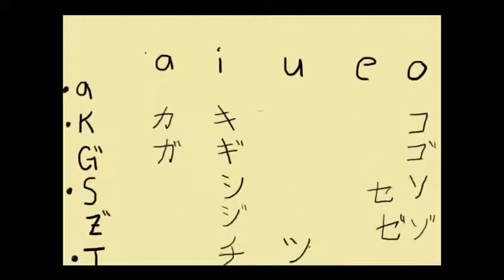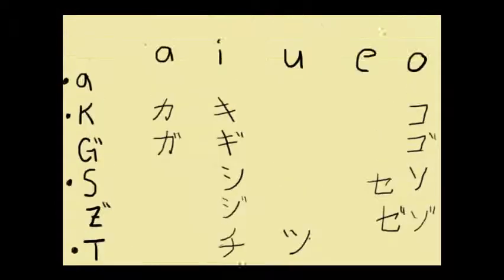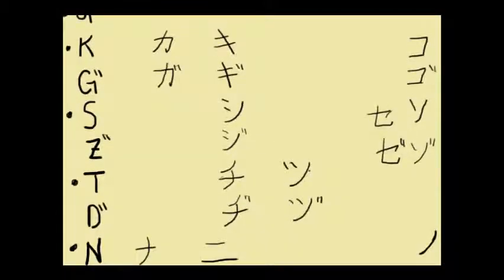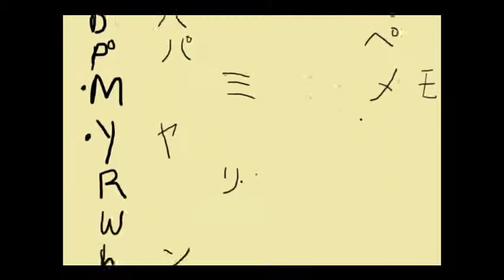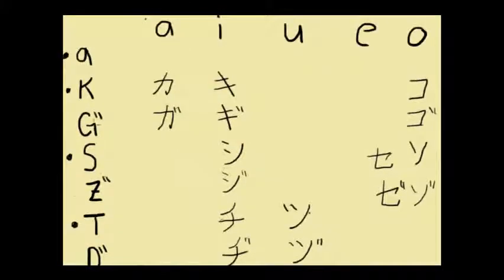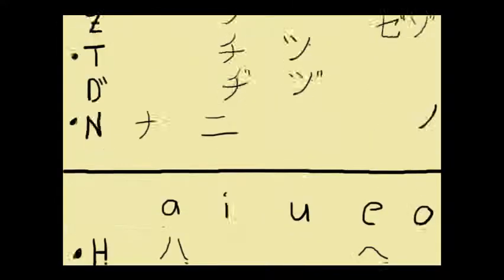Alright, so starting off, let's do a quick review. Right now down here, if you think of the vowels in English as these sort of structures, so the a, i, u, e, o, and then down by the side, if you remember that little song, it's a ka sa ta na ha ma ya ra wa, and then we got the little lines for the voice marks for the ga, the za, the da.